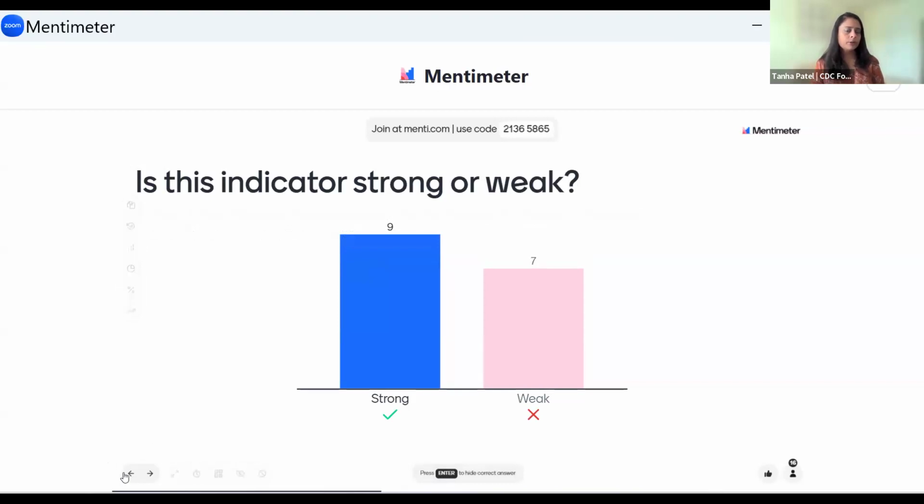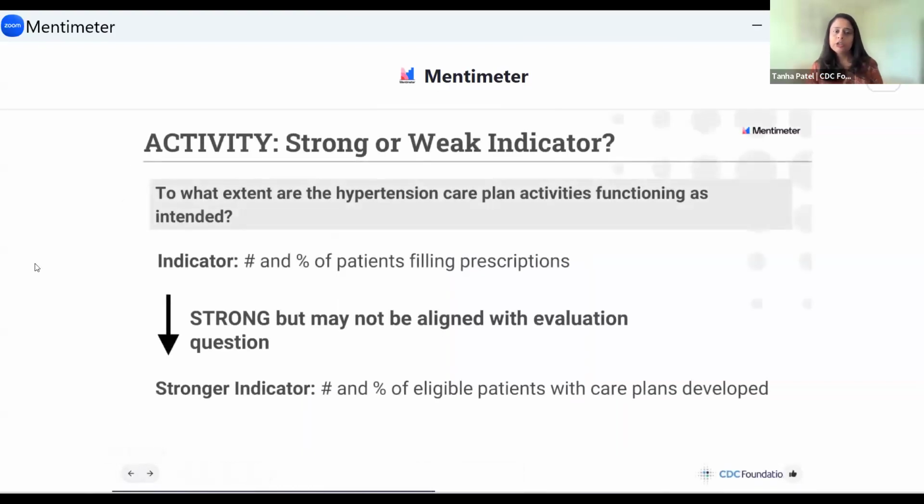So the majority of you said it is strong, and yes, it is a strong indicator, but you need to make sure that it's aligned with the evaluation question. This particular indicator is measuring if patients are filling their prescriptions. But if that is not part of your initiative, then it's not relevant, right?